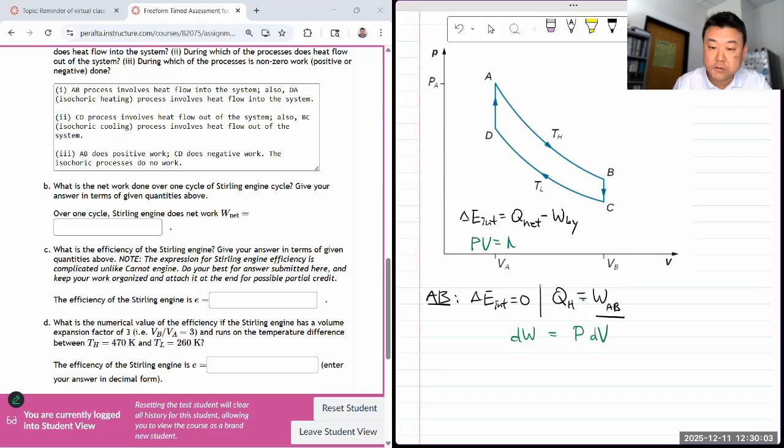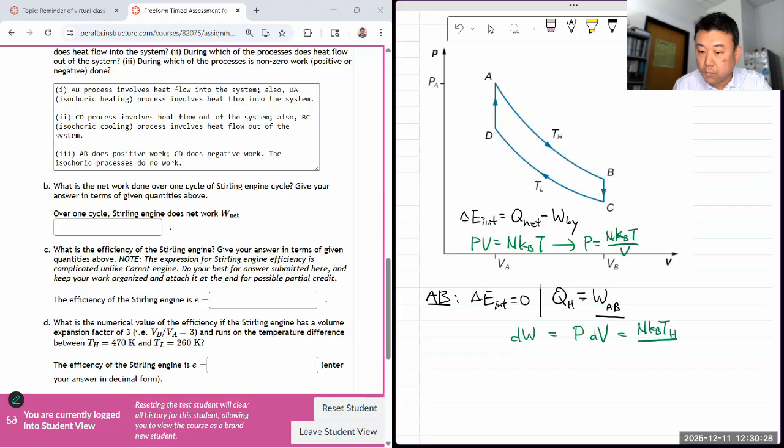PV is equal to N KB T. So using this, I'm going to rewrite pressure as N KB T over V. And actually, I'm going to do one more rewriting because here T would actually be TH, temperature at the high isotherm.